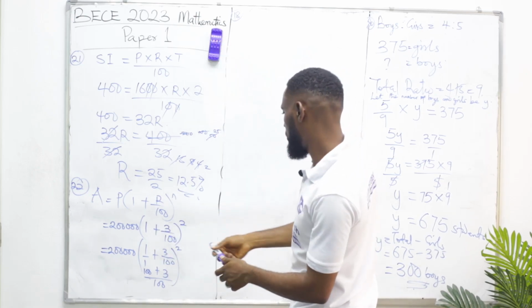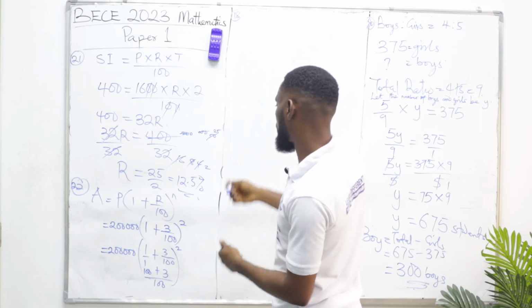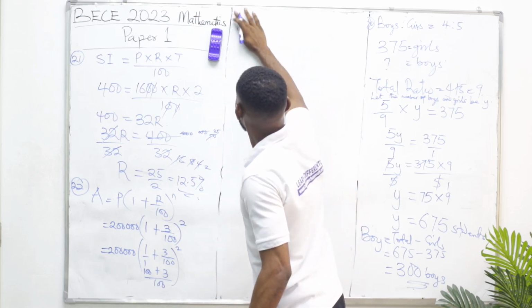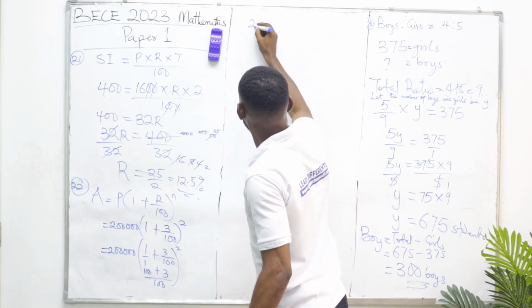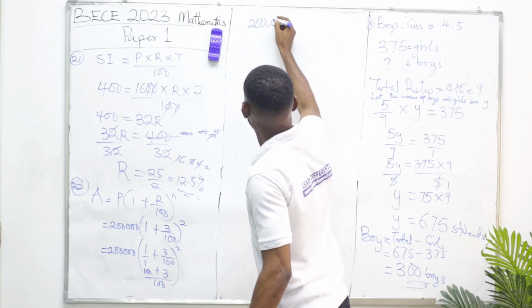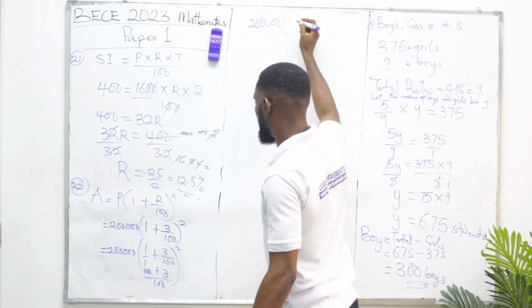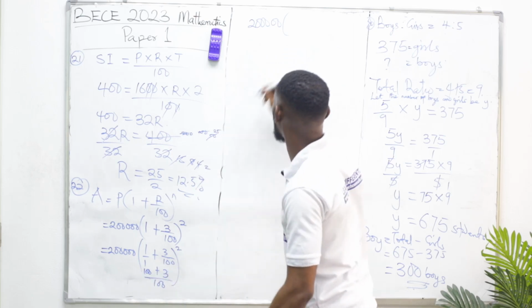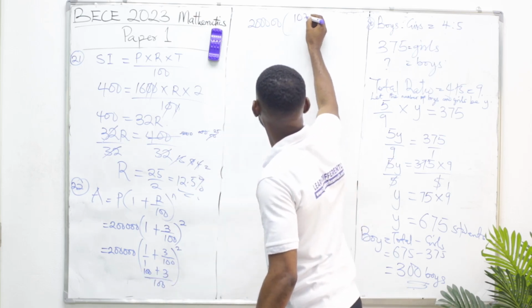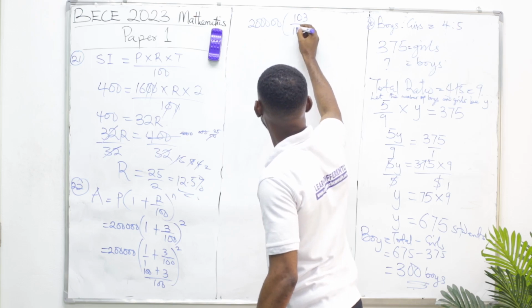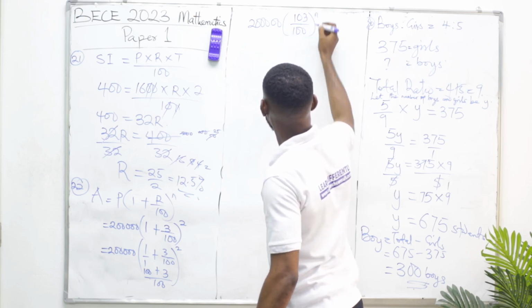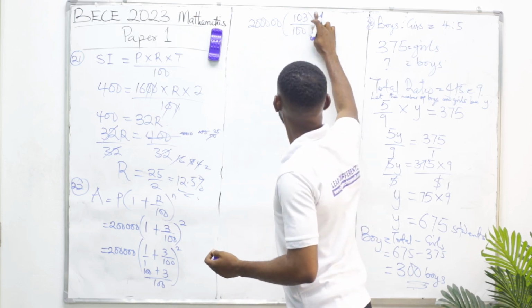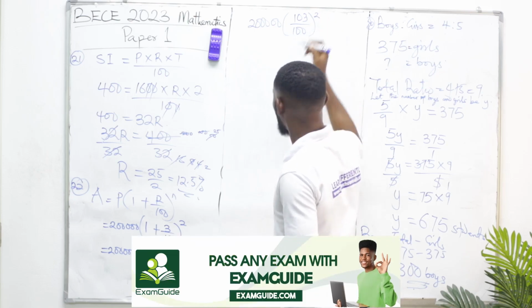Okay, so we have 200,000 into 100 plus 3, which is 103, 103 over 100, all raised to power 2.